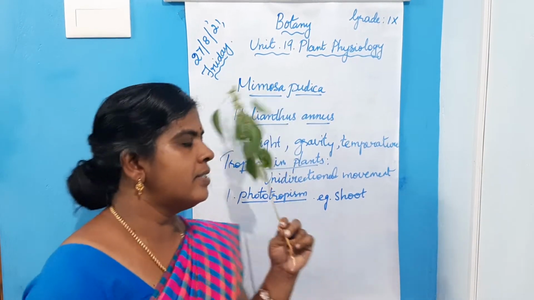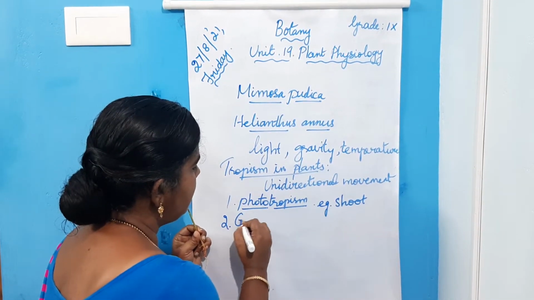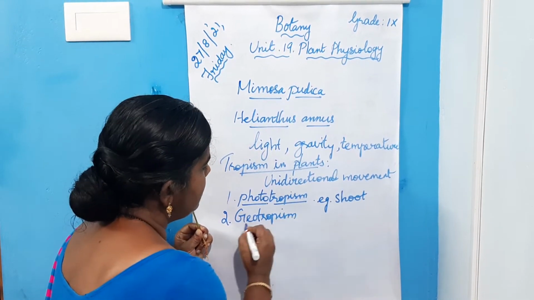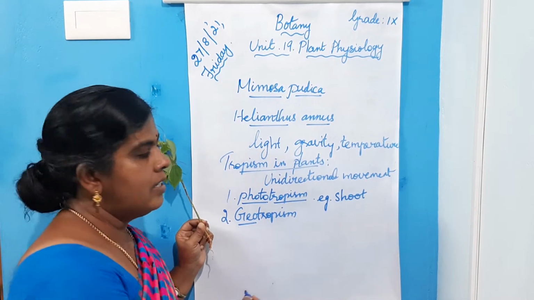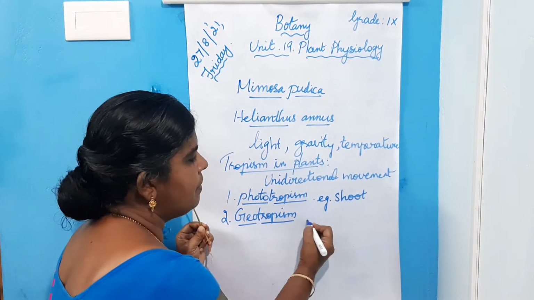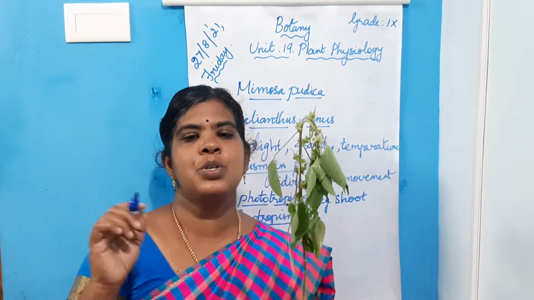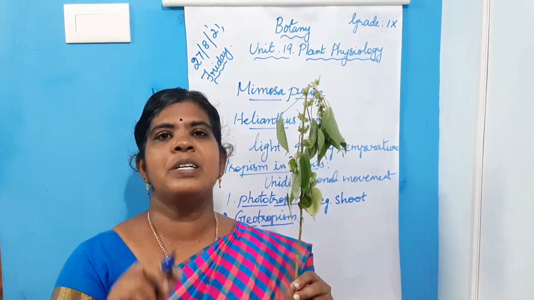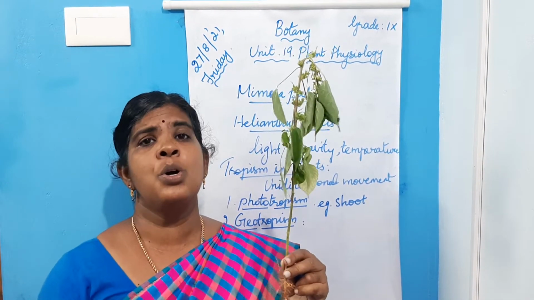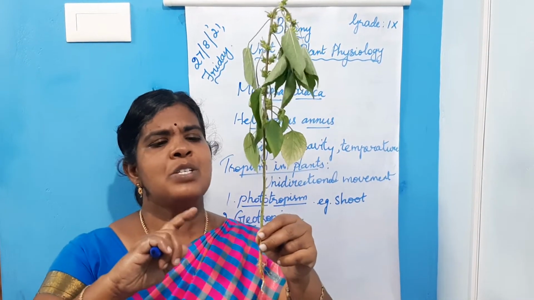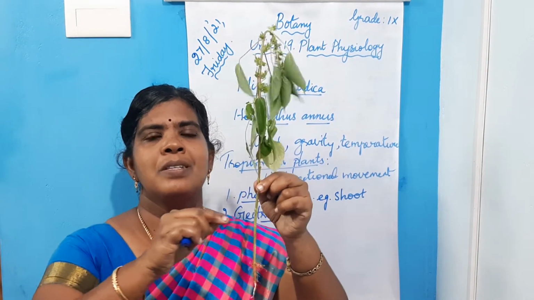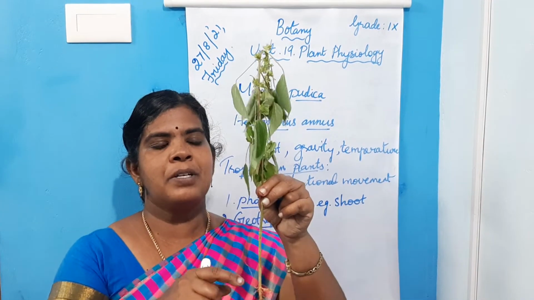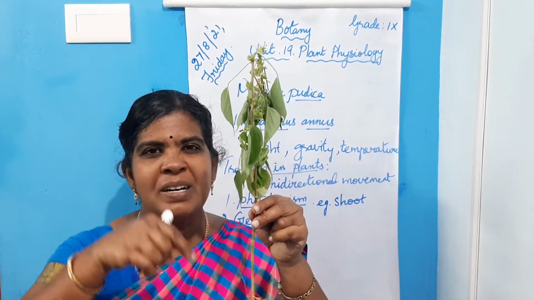Next is geotropism. The second type of movement is geotropism. Geo means gravity. Tropism means movement. So what is geotropism? Movement of a plant in response to gravity. Which part of the plant shows this geotropic movement, or grows towards gravity?